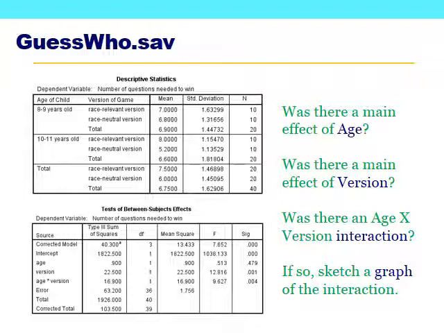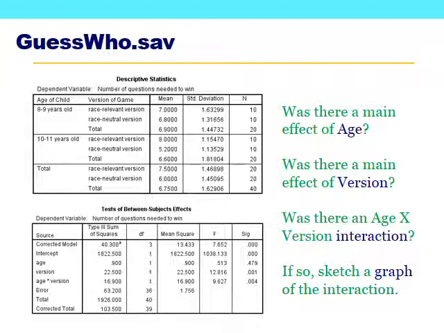Lastly, there was a significant interaction between age and version, with a p-value of 0.004. This tells us that the effect of age was different depending on which version of the game the kids played. For the race-relevant version, younger kids needed 7 questions to win, whereas older kids needed 8.